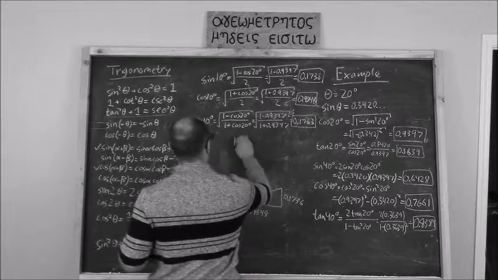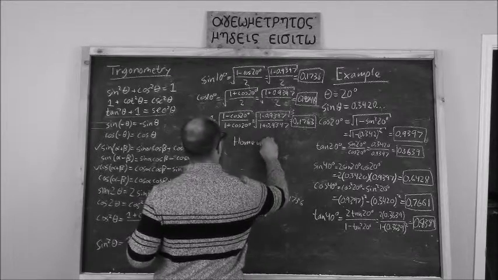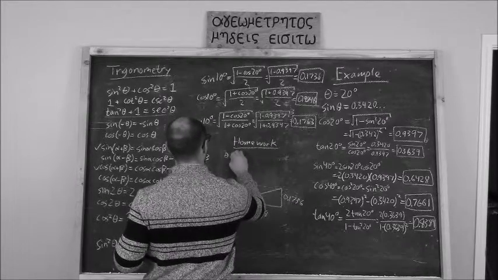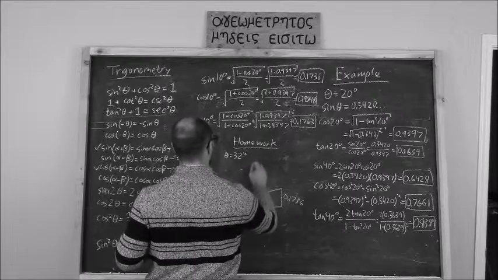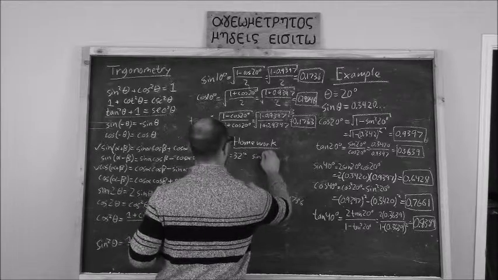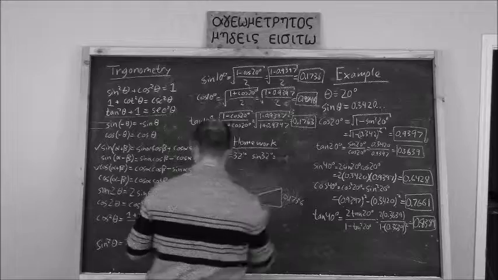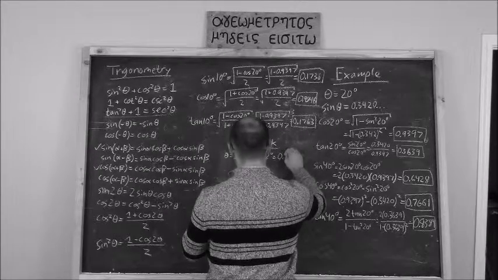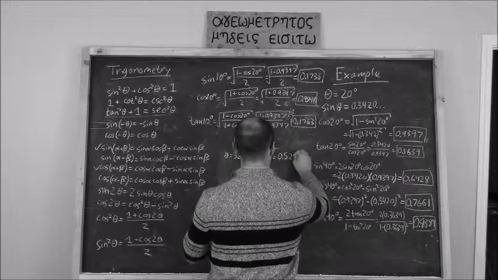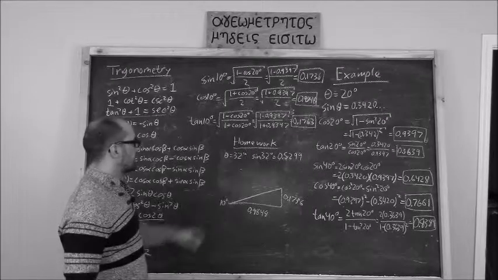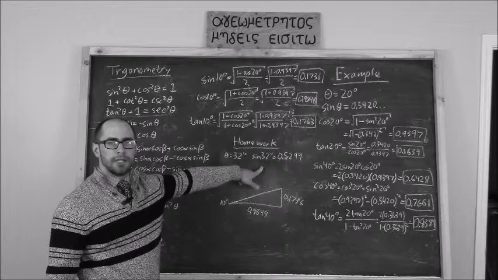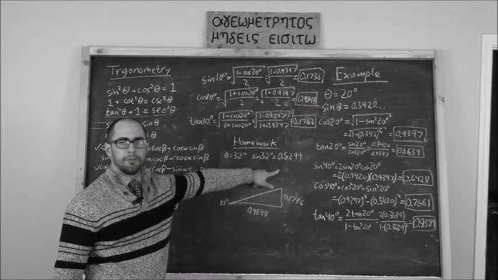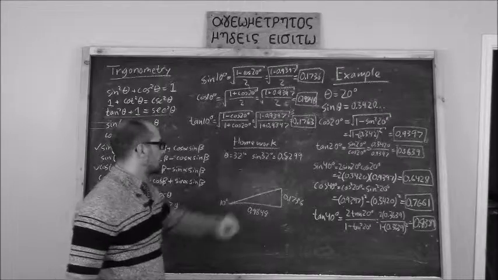For your homework, given theta equal to 32 degrees, and I'll give you sine of 32 degrees is equal to 0.5299. This is another angle that cannot be represented exactly, so we'll use decimal representation up to 4 decimal digits.